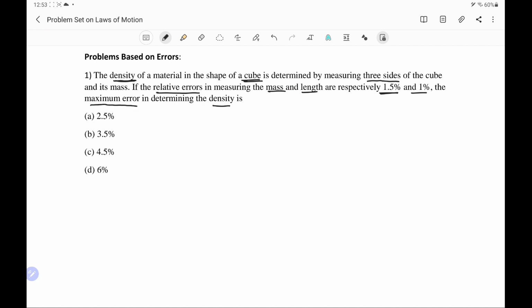We know that density is equal to mass per volume, and volume for the cube is length cube. Therefore, density can be written as mass by L cube. If we take the log on both sides, we will have log of D equal to log of M by L cube.